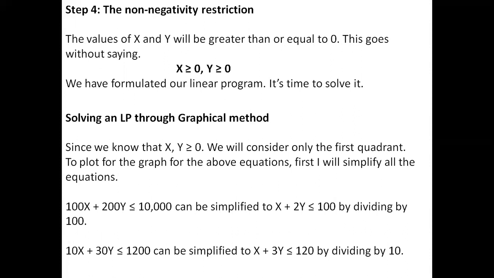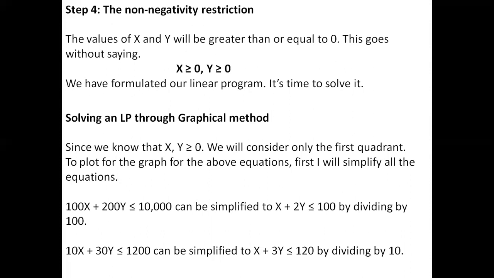These are the constraints obtained by applying these four steps as per the graphical representation in accordance with the linear programming method. Hence we will move on with solving the linear programming through the graphical method.